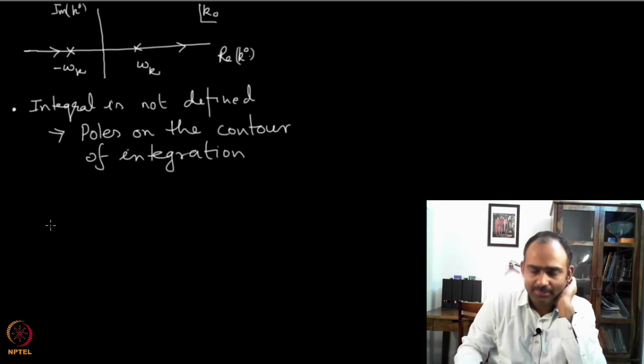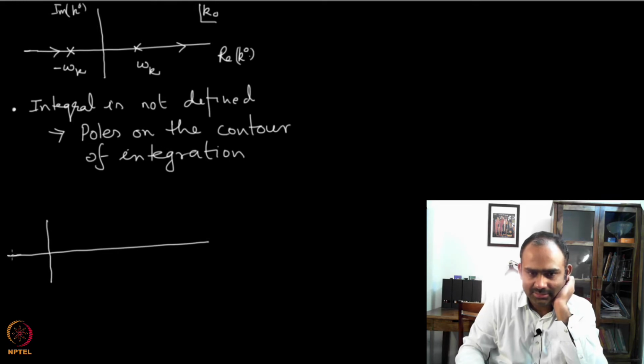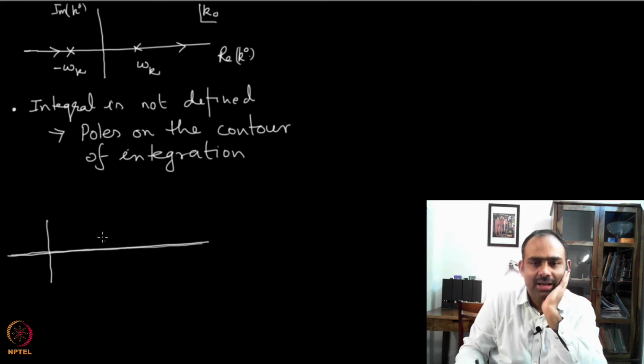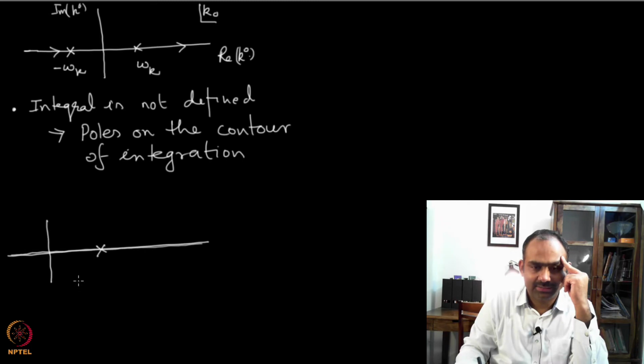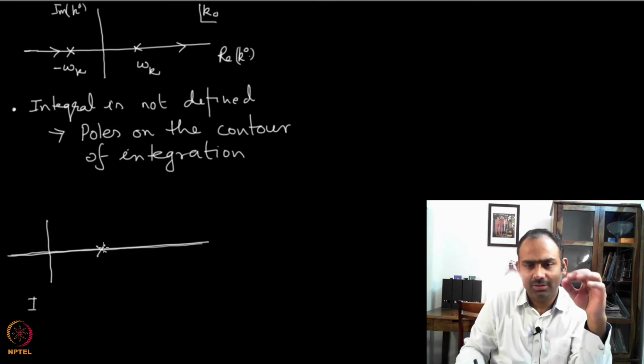So suppose I am looking at some integral over this contour, this real axis, and you have a pole sitting on the contour. Let me call it integral I.